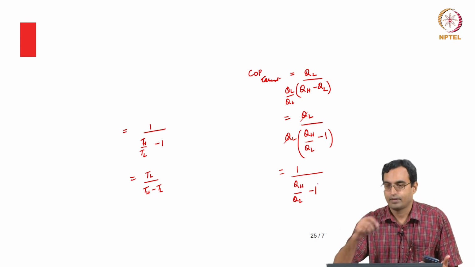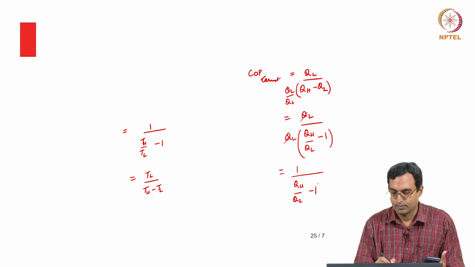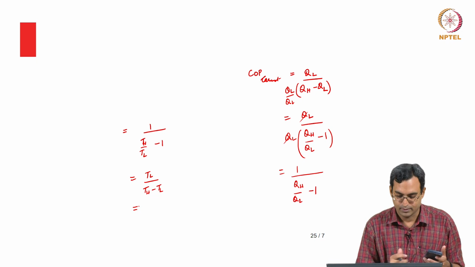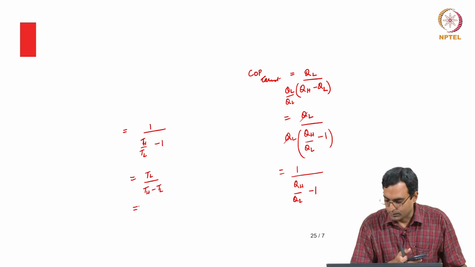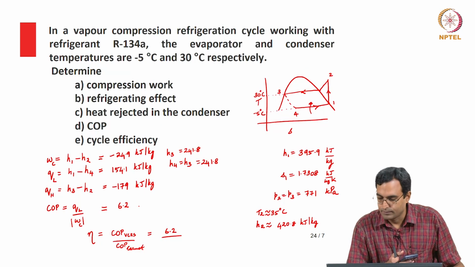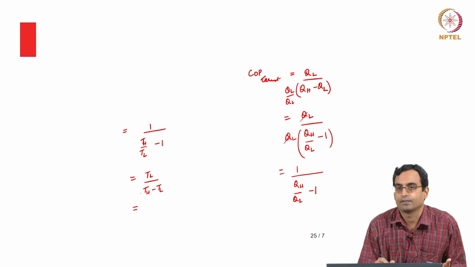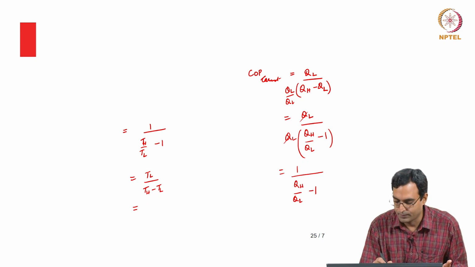So, the heat transferred is not proportional to the temperature, but the ratios of heat transfers are proportional to the ratios of the temperatures. That is what we see, and our temperatures here are minus 5 degrees centigrade and 30 degrees centigrade, but when you are using this formula, it is only valid when temperatures are in Kelvin.